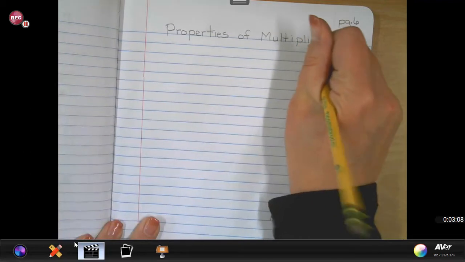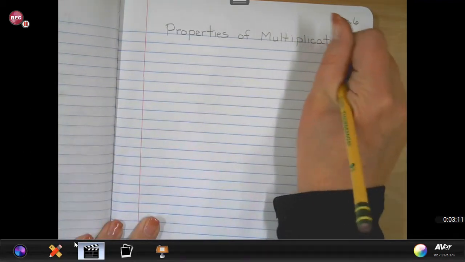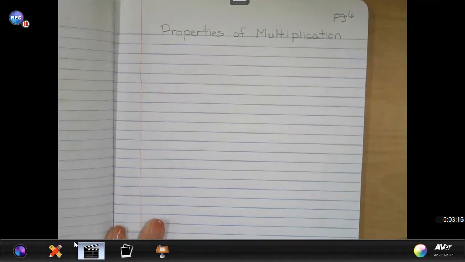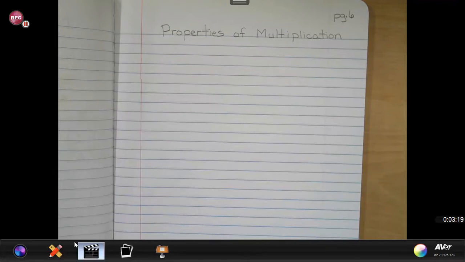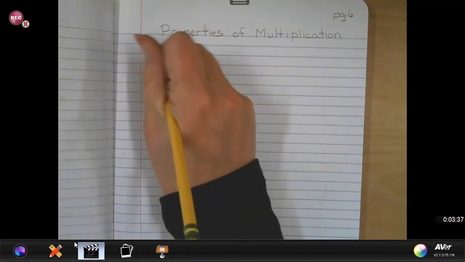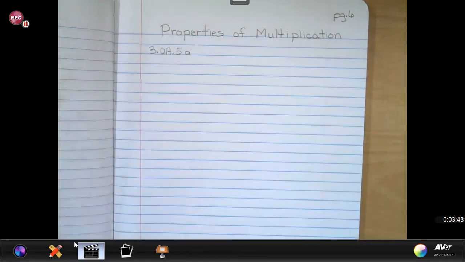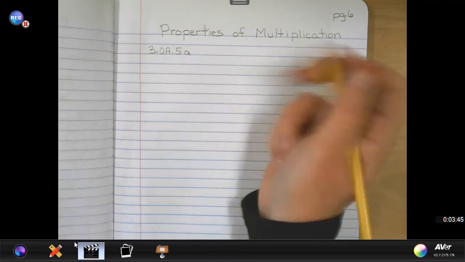This is the one that we start with because it talks about just switching the order of your factors, but still having the same product. So we're going to write an I can statement. I'm going to put a little A there because this one is about the commutative property.